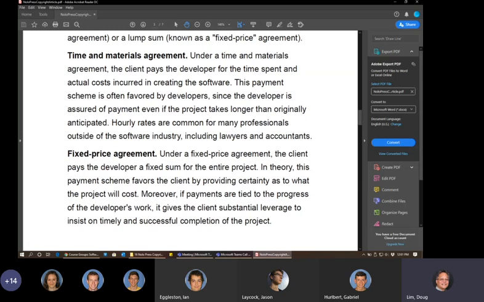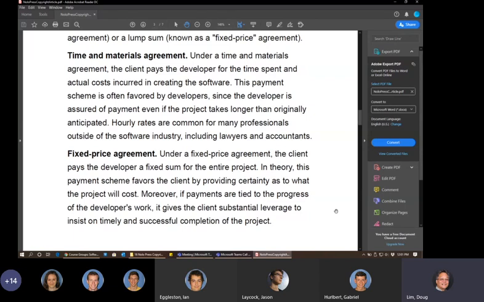So there you have some leverage. If the project starts running over time, since you're still paying them, you can still negotiate on that end. So there are some slight advantages for the client, but primarily the big advantages are for the developers.